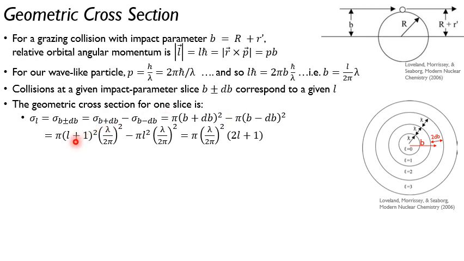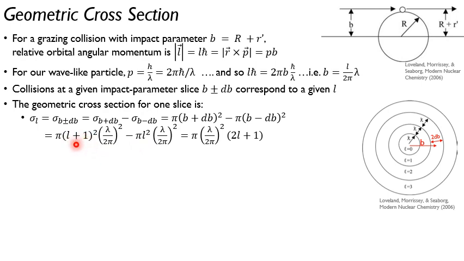we then relate this to our orbital angular momenta, because remember the impact parameter at some slice corresponds to a given orbital angular momentum, and here we're going from an inner orbital angular momentum, which we call L, to one just beyond that, L plus 1.